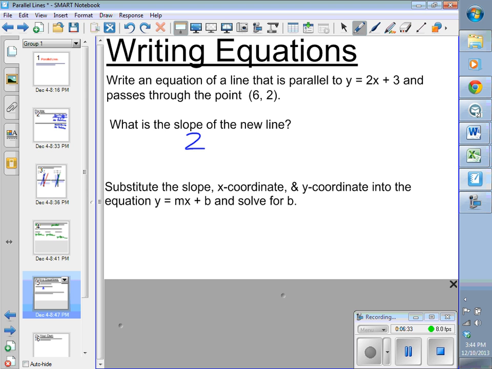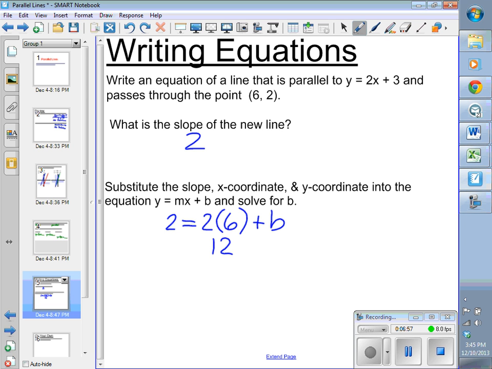So we will substitute 2 in place of the y, 2 in place of the m, 6 in place of the x, and b will remain b. 2 times 6 is 12, and that is going to leave us with 2 equals 12 plus b.